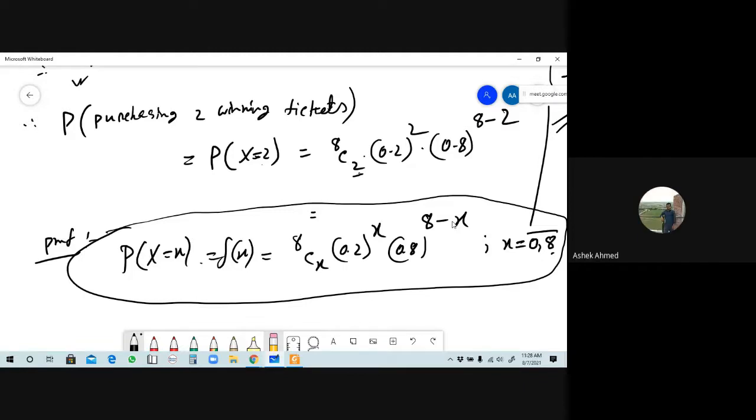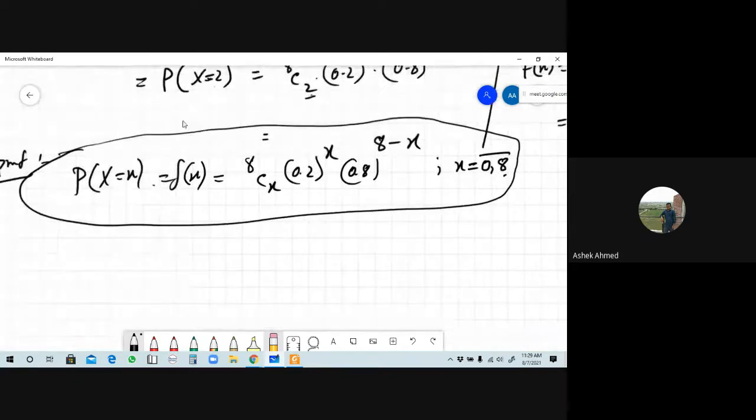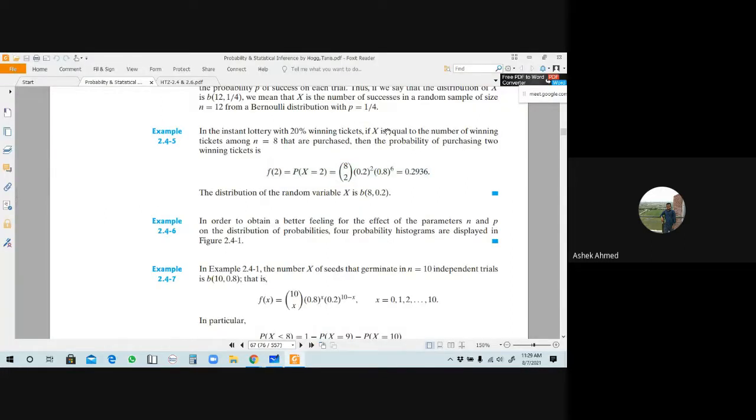Okay, now from here we want to introduce some questions. Find the probability that there is no winning ticket. What do you mean by probability of no winning ticket? Here x represents the number of winning tickets, is it right? It is stated here that x equals the number of winning tickets.